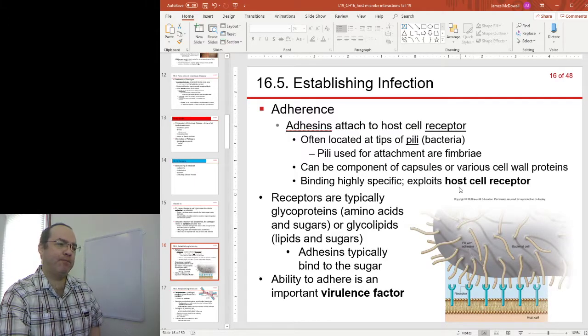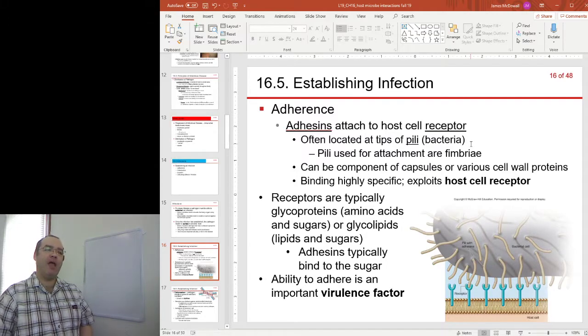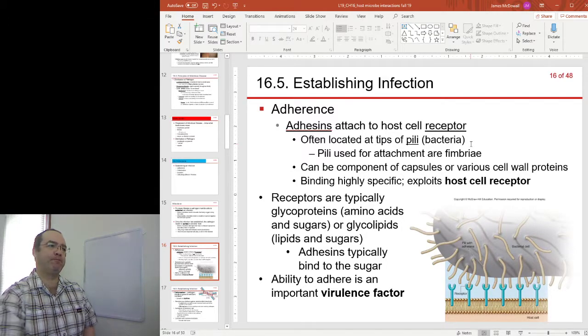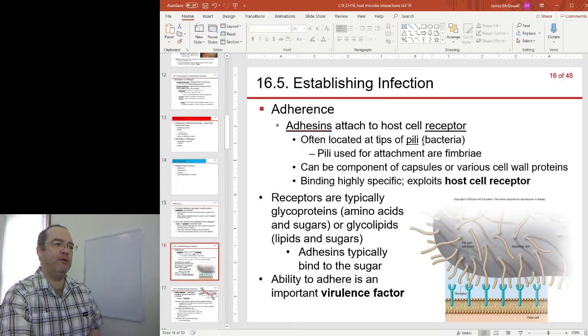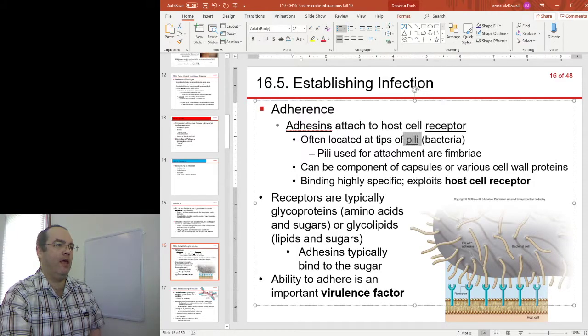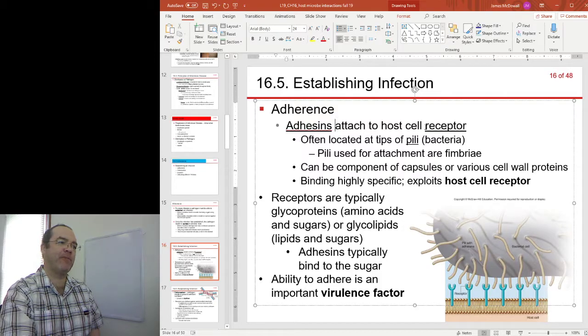In this case, a bacteria can have a number of different mechanisms for attaching to a cell. One of the most common mechanisms, these mechanisms are known as adhesins. Adhesin is the molecule that sticks into the host cell receptor.